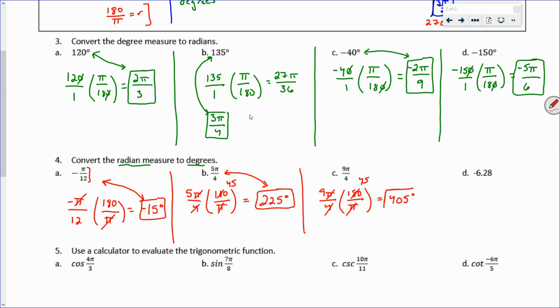I'd say obviously it's more common for us because of how we grew up, being able to picture angle sizes by degrees.